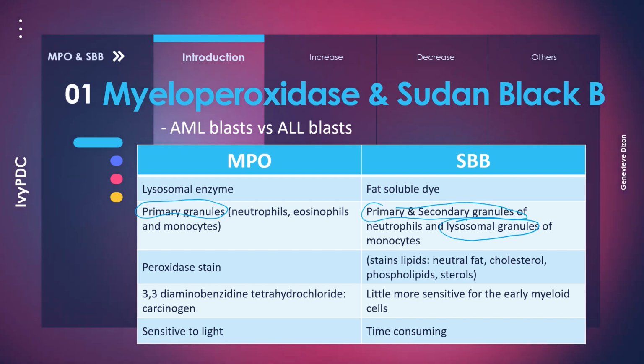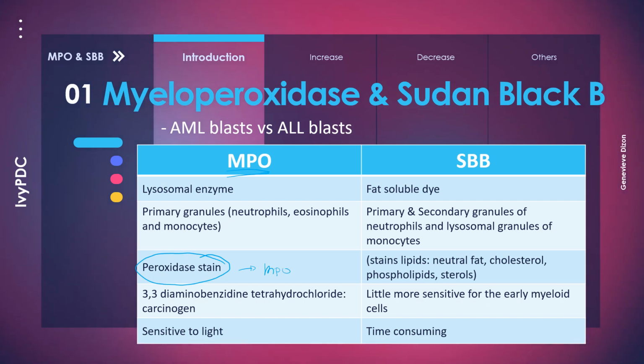That is why SBB is considered as a more sensitive dye or a more sensitive method for determining the granulocytic precursors.